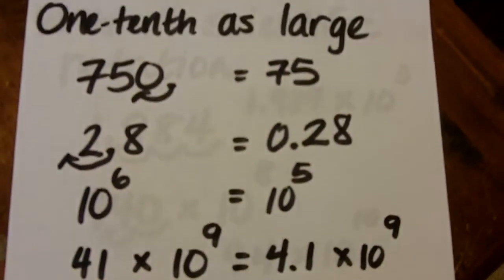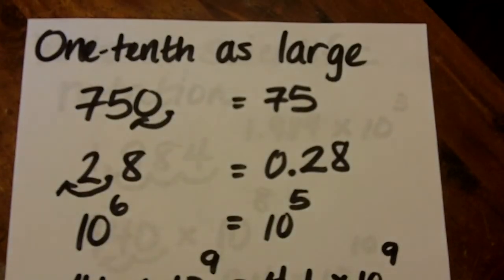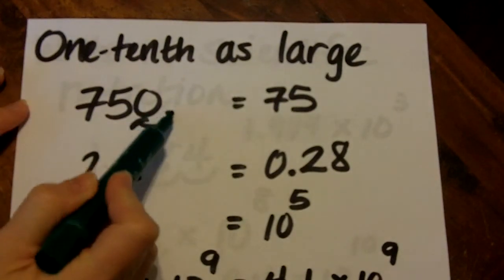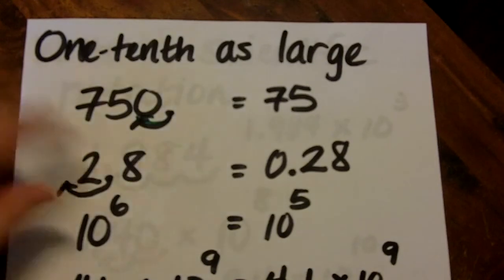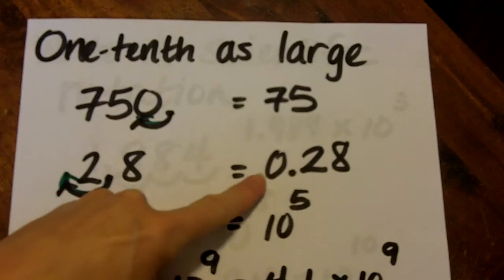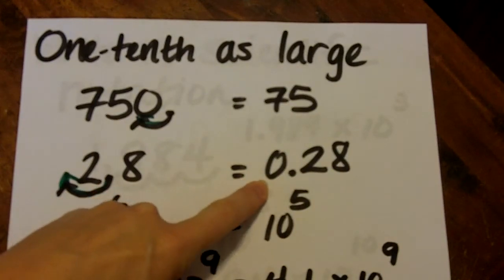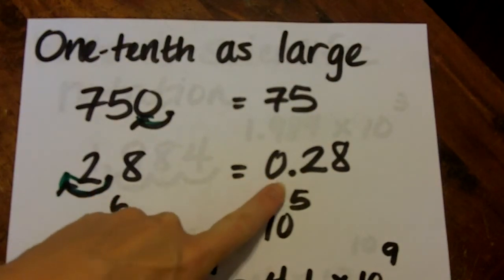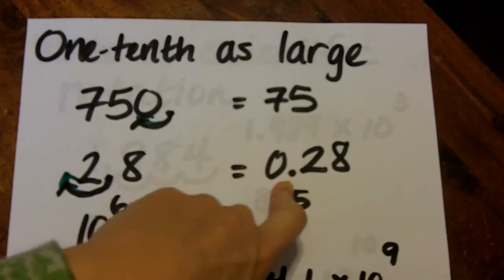You're going to run into those kinds of problems, and they're not really that difficult. You'll also run into problems where they want numbers that are 1/10 as large. So if you had 750, you would basically move the decimal to the left and make your number 75. If you had 2.8, you're going to make that number even smaller, moving that decimal so that you have 0.28. Is that 0 necessary? No, not to be correct, but it makes it really clear that you do have a decimal in front of it.